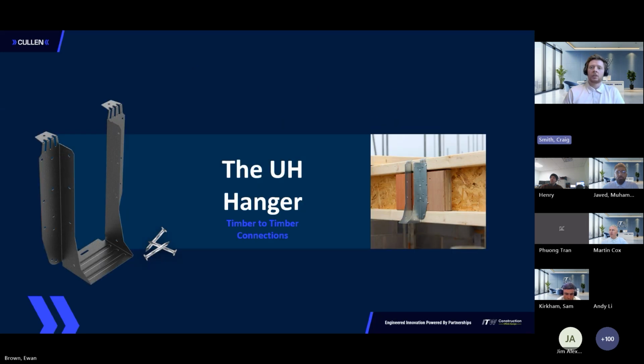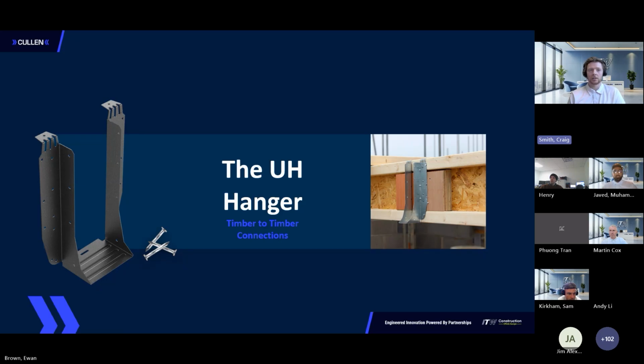Starting off with the UH, it's the typical floor hanger for timber to timber connections. It supports all the joist systems, giving it that universal name, the universal hanger. In our technical guide, we detail 17 applications, so a lot of varied uses.